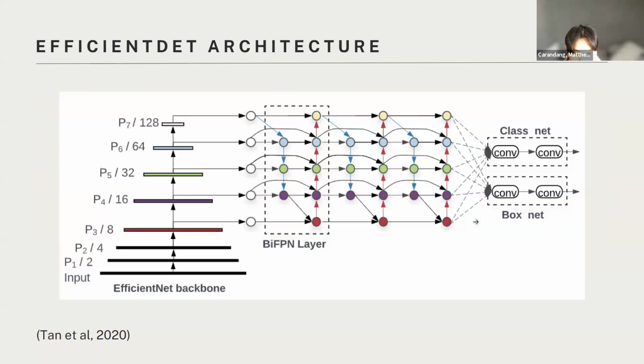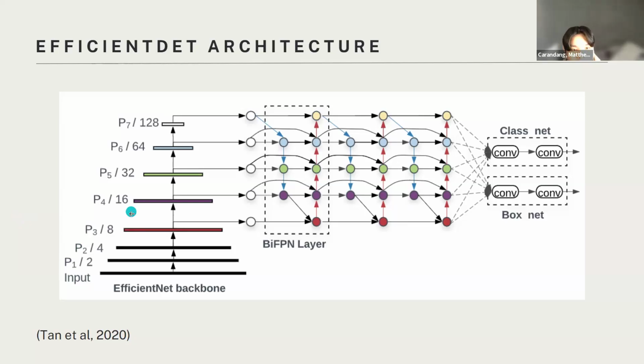So here is the architecture. This diagram shows the architecture of EfficientDet. It uses a highly efficient backbone to get feature maps at different scales. Just like before, it reduces the resolution at each layer.